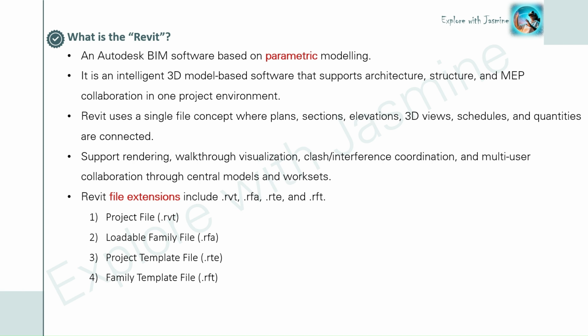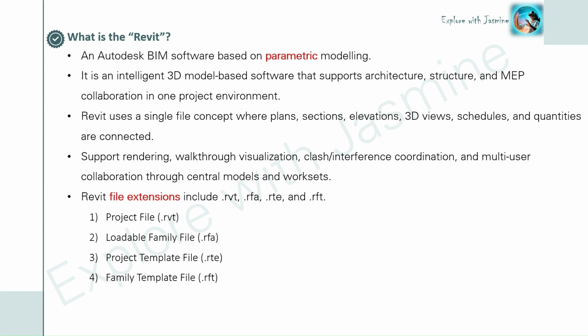From 2008 to 2012, Revit was separated into three products: Revit Architecture, Revit Structure, and Revit MEP. Starting from Revit 2013 onwards, Autodesk combined these three disciplines into one integrated Revit platform.